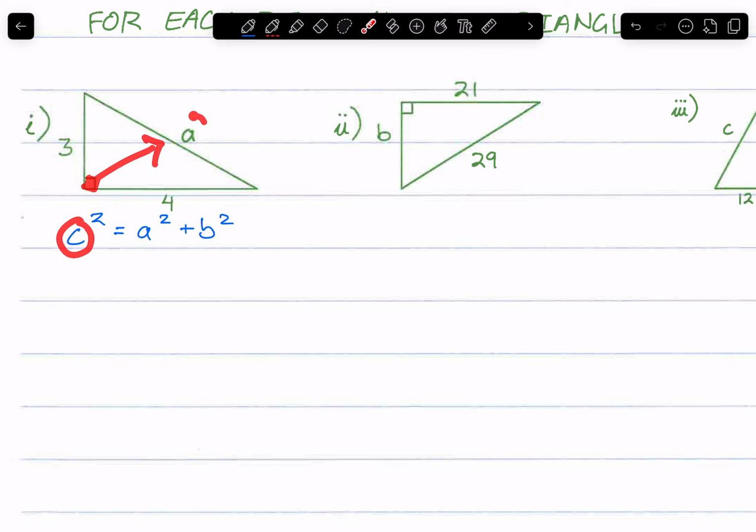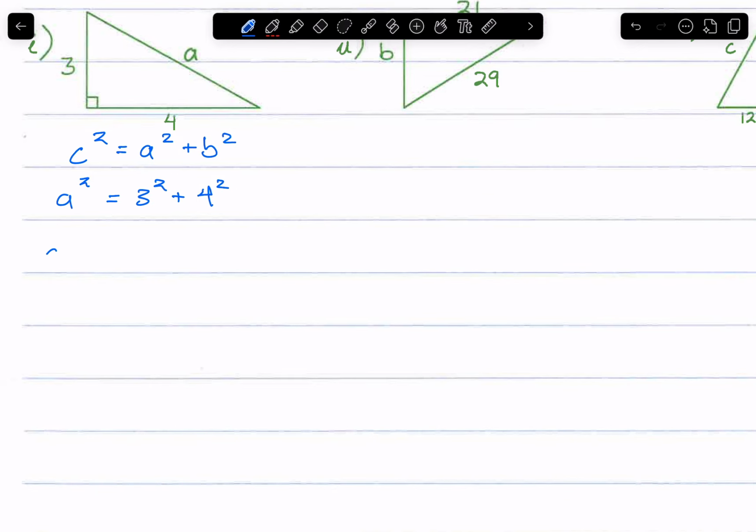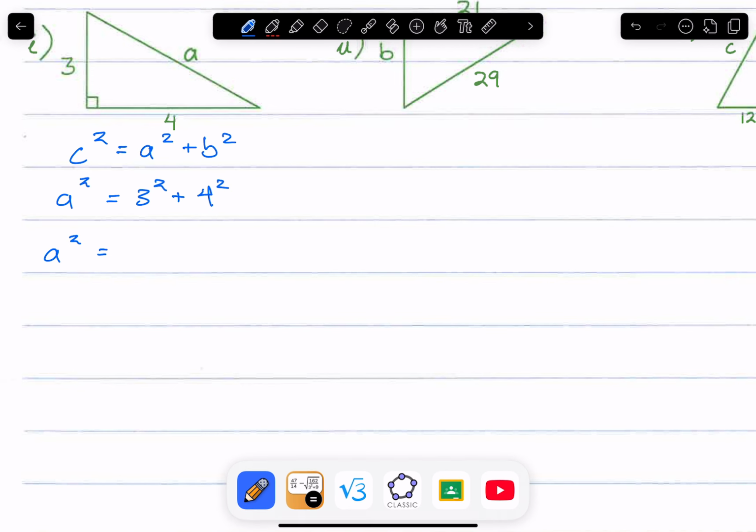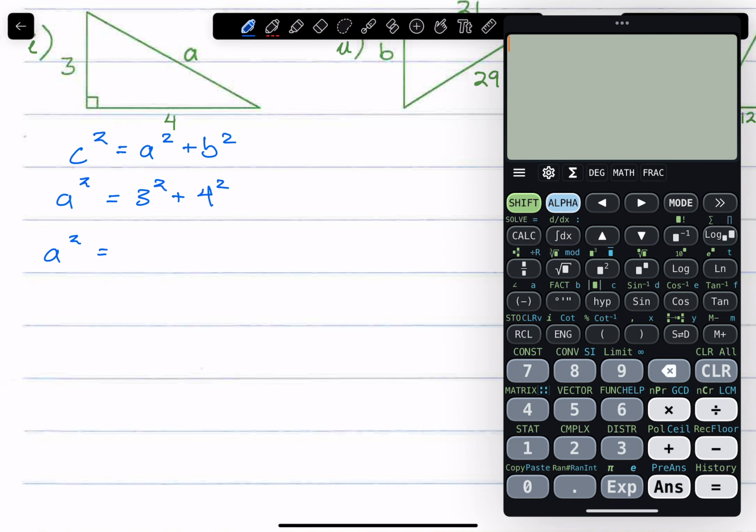So in this problem, a is our hypotenuse, so a squared equals, and the two short sides are 3 and 4. So it'll be 3 squared plus 4 squared. a squared remains the same because we can't type that in our calculator. However, 3 squared plus 4 squared we can type in.